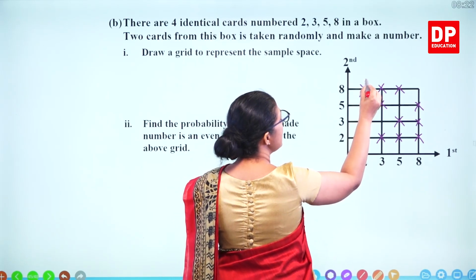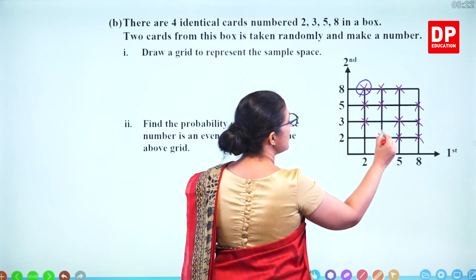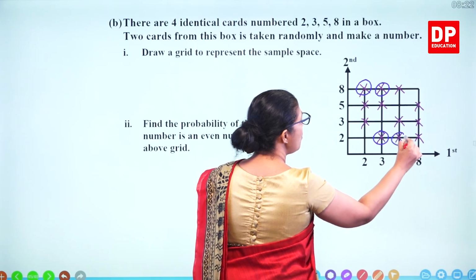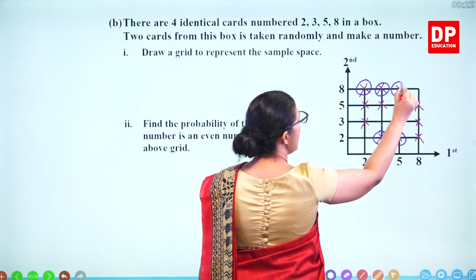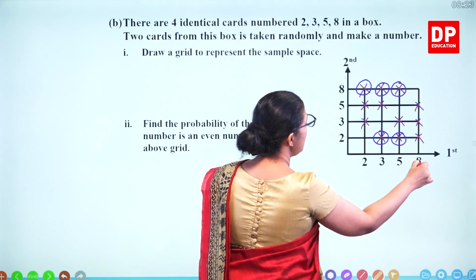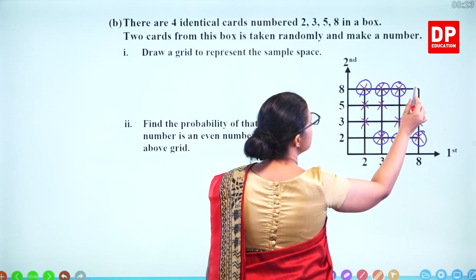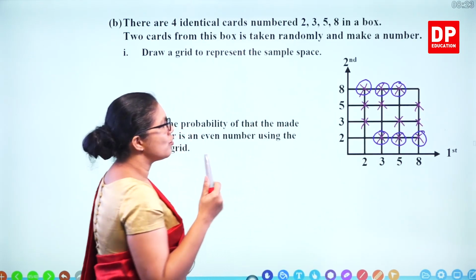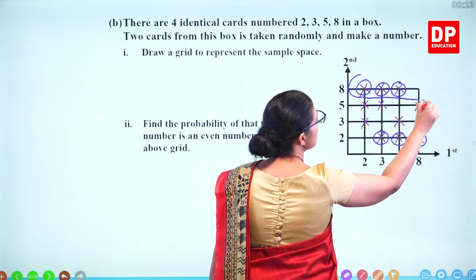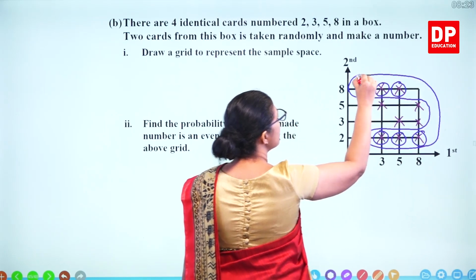So here 28 is an even number. 32 is an even number, 38, 52, 58 and 82 is an even number and 88 you can't take. So here is the required set.